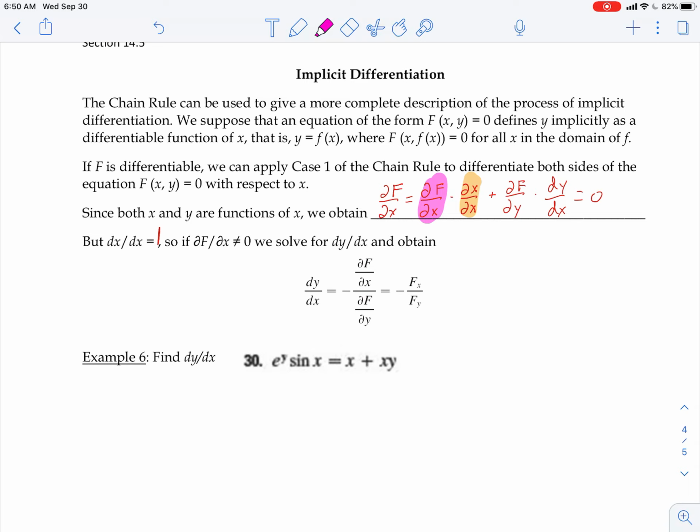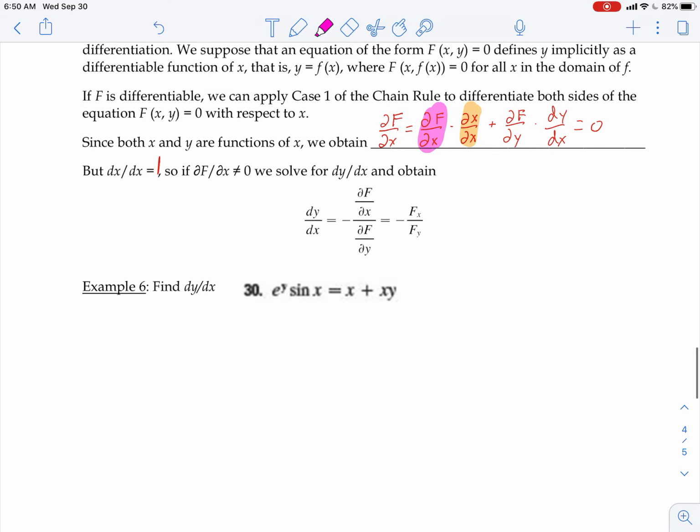And that's how I get dy over dx is equal to negative the partial of our function with respect to x divided by the partial of our function with respect to y. So that's how we obtain it.